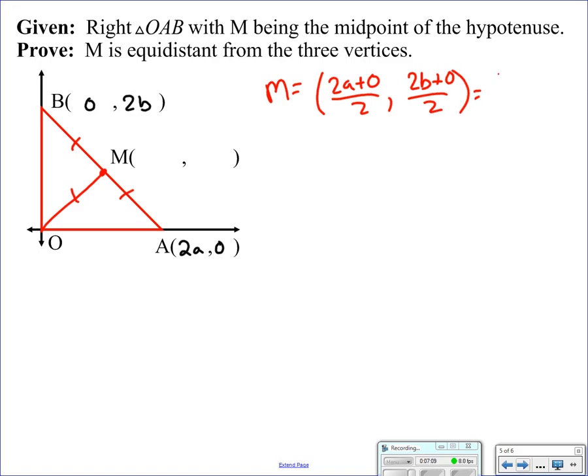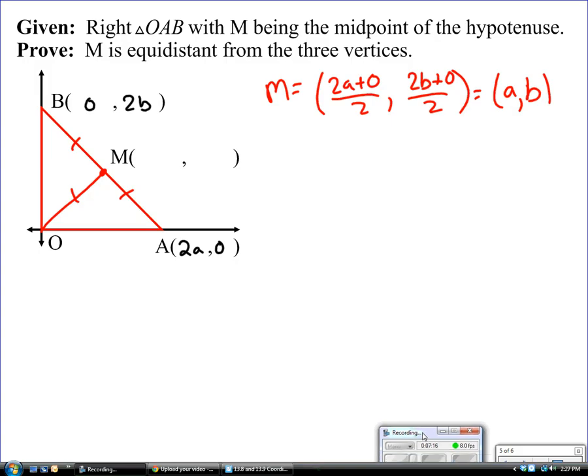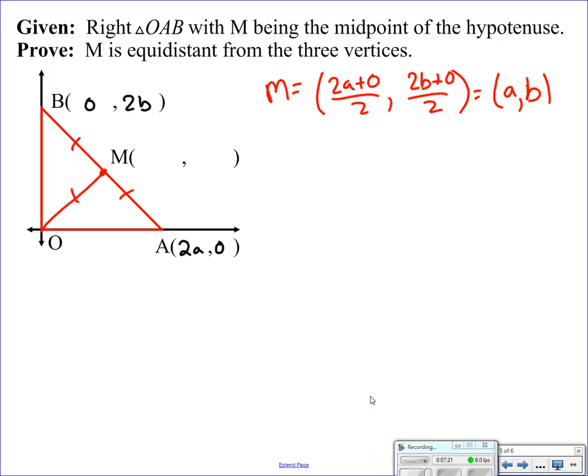I'm going to get integers, A and B. Now what we need to do is show that M, let's fill in our coordinates, AB, is equidistant from all three vertices. Well, since M is the midpoint, BM is congruent to MA. I need to show that BM, which equals MA, is equal to OM.